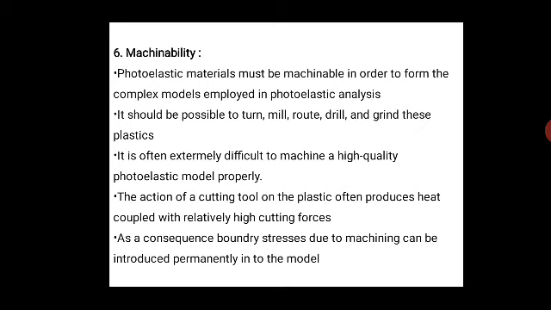But for two-dimensional applications, complex models may be routed from almost any thermosetting plastic. In this machining method, a router motor is used to drive a carbide rotating file.